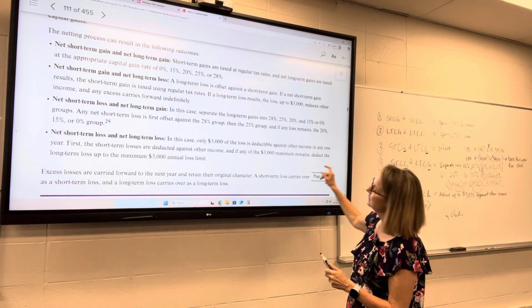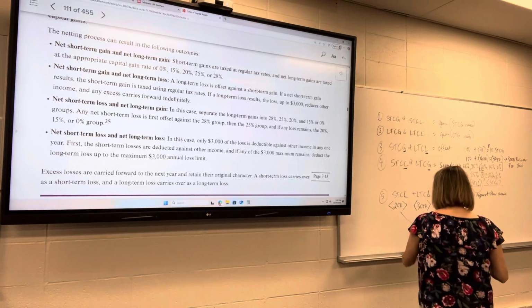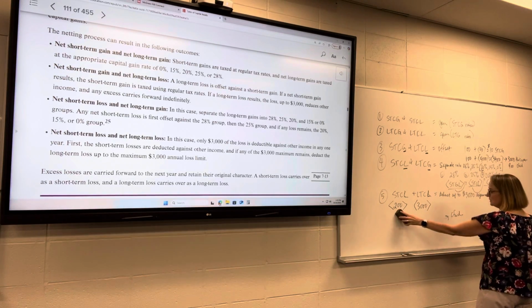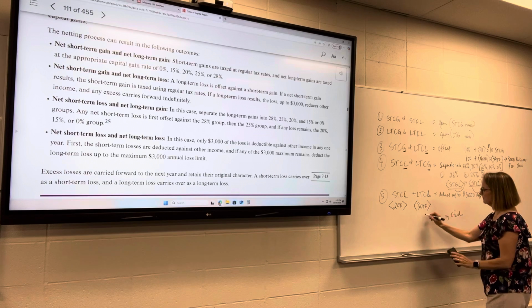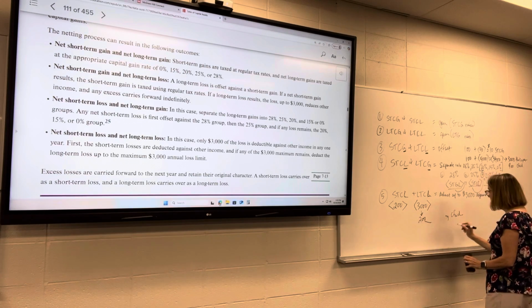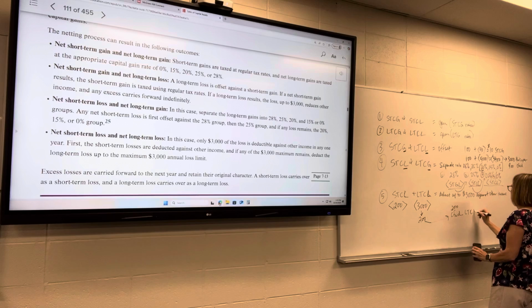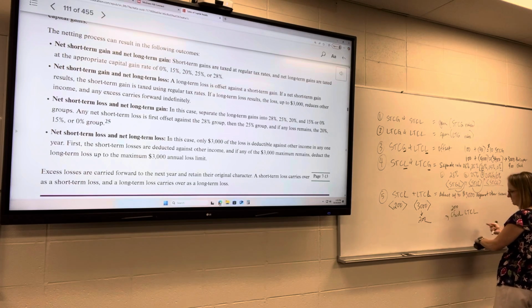Short-term losses are deducted against other income. I said that wrong. So it wouldn't be the $200 there, but $200 of the long-term. So we're going to carry forward $200 long-term capital loss to the next year.